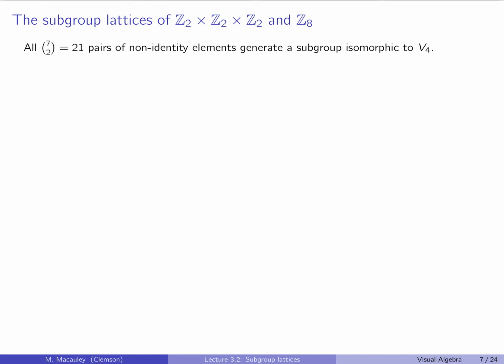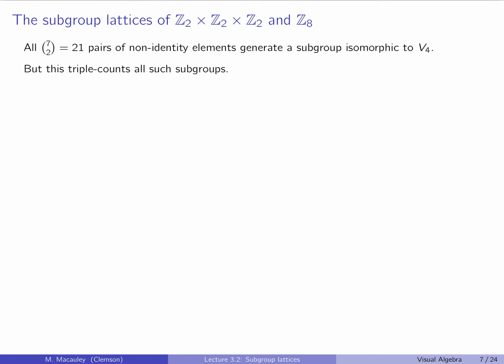Let's move on to the abelian groups of order 8, starting with Z2 cross Z2 cross Z2. So there are 7 non-identity elements in this group, and thus 7 choose 2, or 21 pairs of non-identity elements. Each of those generates a subgroup isomorphic to V4.